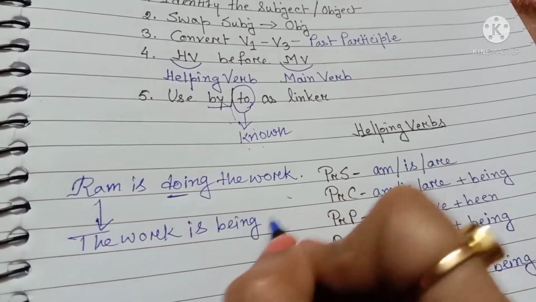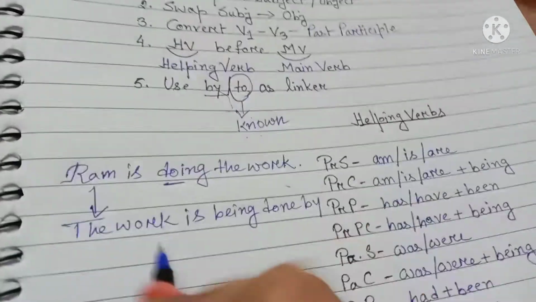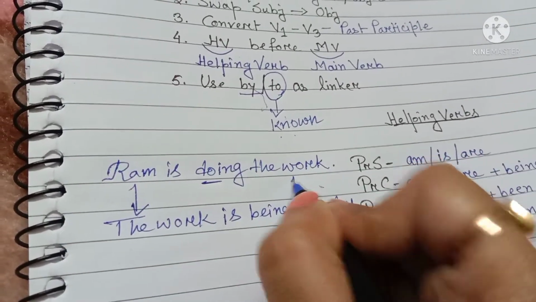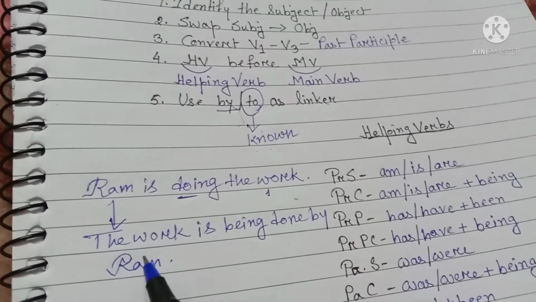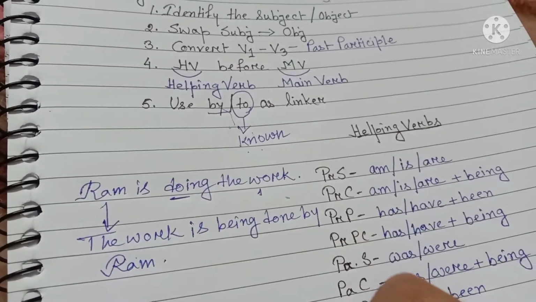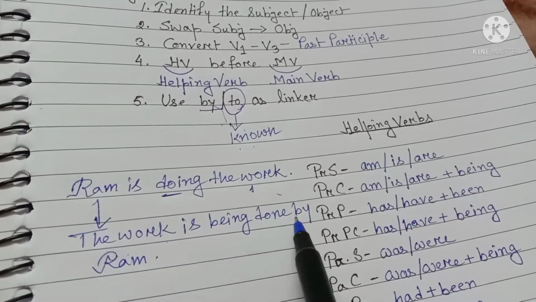Then we have to use the V3 form, done, then we have to use by, and then we have to use Ram, the subject. Okay, so the answer after changing the active to passive, we can write down the work is being done by Ram.